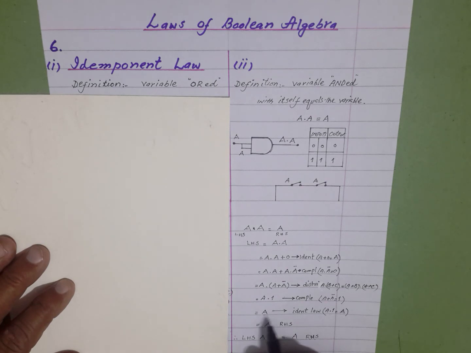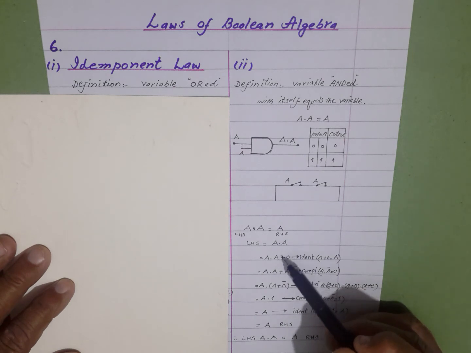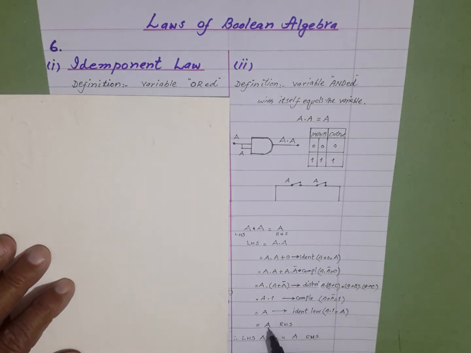And this can be further written as A. Why? Because the identity law says a variable multiplied by 1 equals A. So in place of A dot 1 we can write A. We started with A dot A and we have reached A, which is our right hand side.